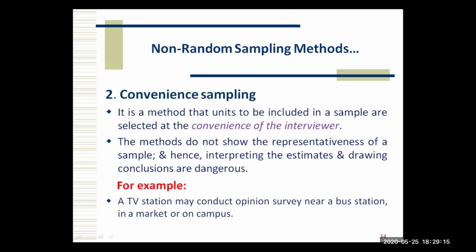Convenience sampling is another method that selects the required sample based on the convenience of the interviewers. Based on their specific need, they can select whatever they want.